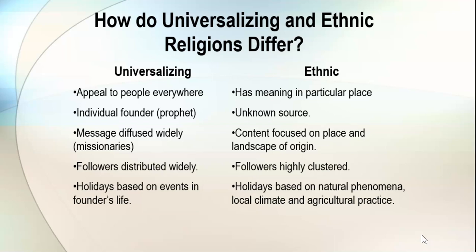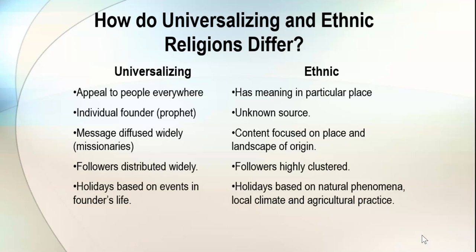Now, in ethnic religion, they have meaning in a particular place. They have meaning in a particular geography, right? Oftentimes there's an unknown source. It's just always been that way. The content is focused on the geography of the area and on the people who live in that area. The followers are highly, highly clustered.